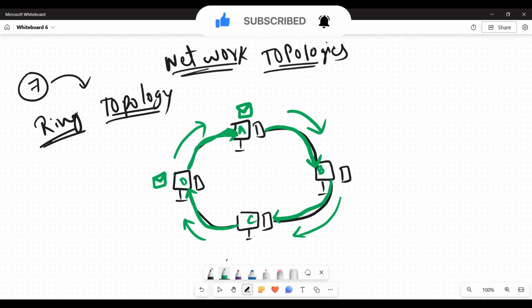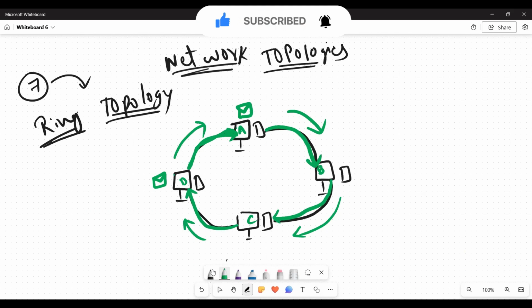For example, if a connection has been cut somehow, or some issues occur, at that moment the data transfer would be stopped. Why?